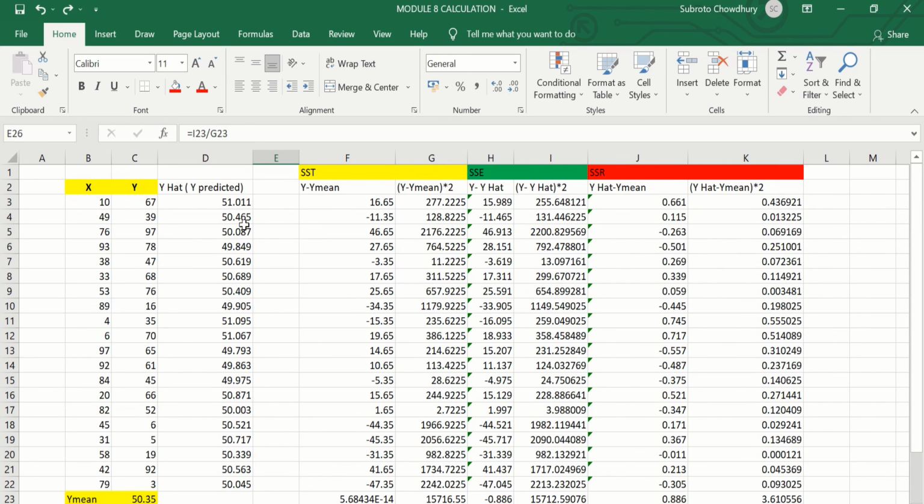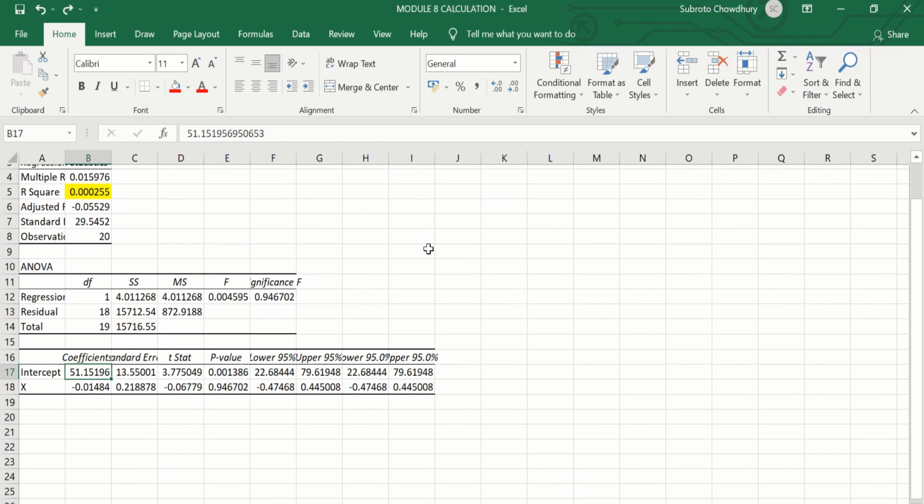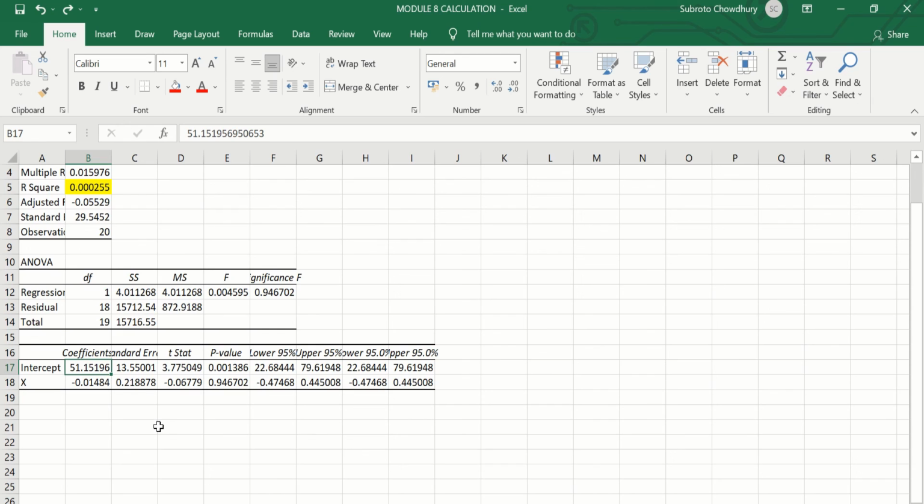We have done a regression, and this is the intercept term, which is 51.151. This is your coefficient term. When we do regression modeling in the subsequent modules, we will understand it better. For the time being, just hold on that the model is 51.151 minus 0.014 into the x value.